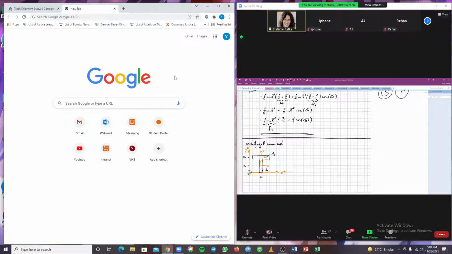Then for the first subsystem, J_xy, I'll write it here for area 1, A1.